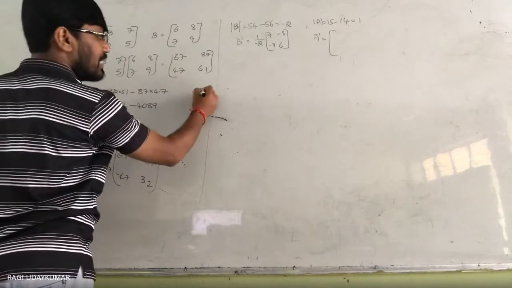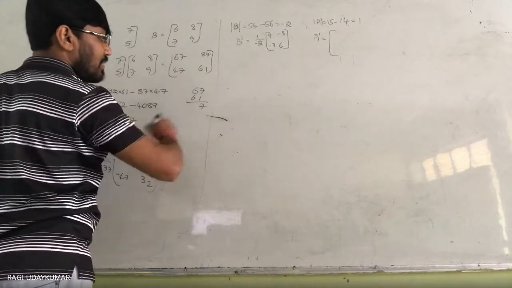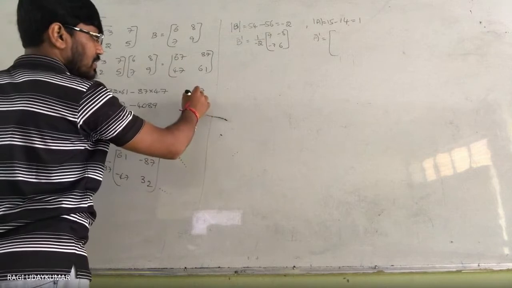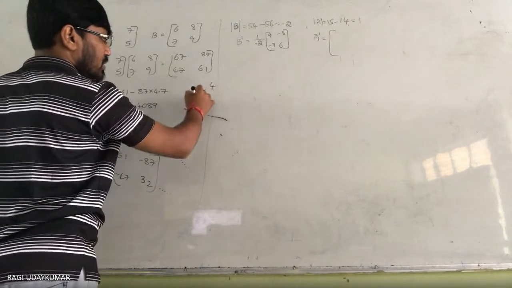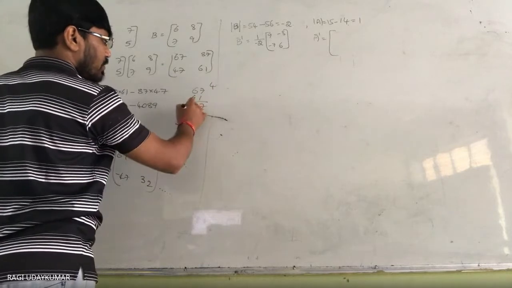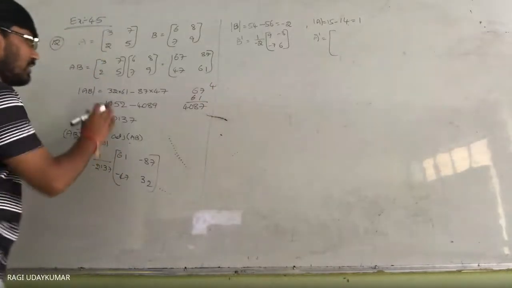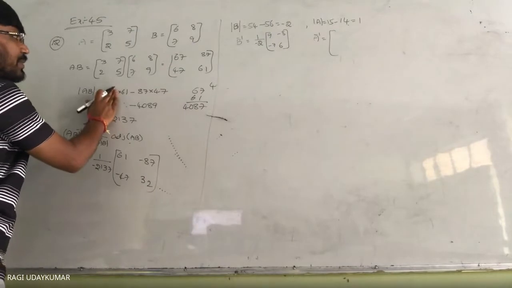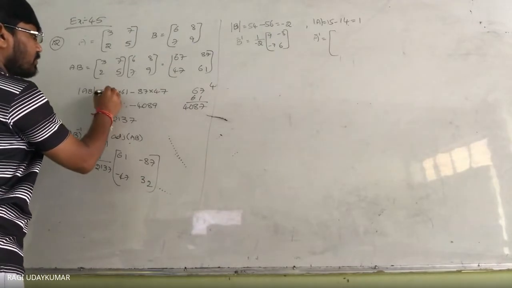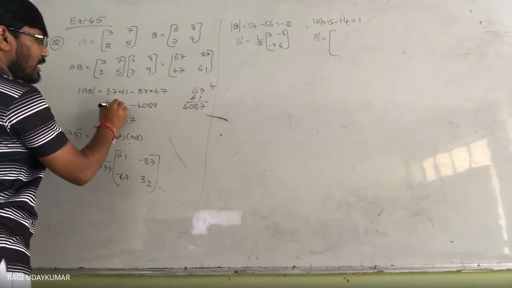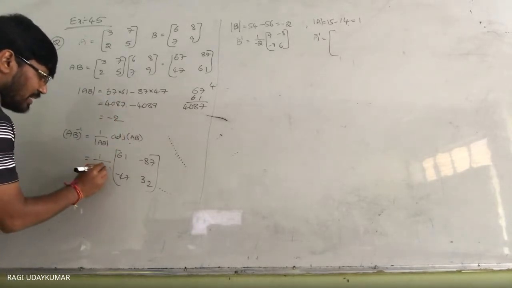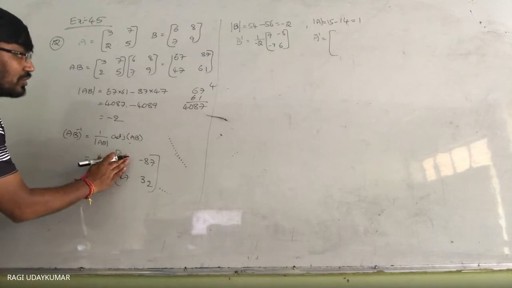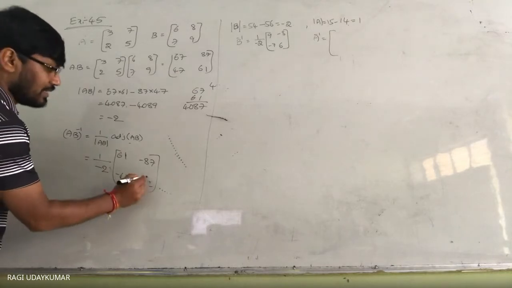And 67 and 61 multiply: 7 sixes are 42 plus 48 is 4087. Yes, here we are going to get 4087, so we will get minus 2. It is such a big number. So 61 here, 67.